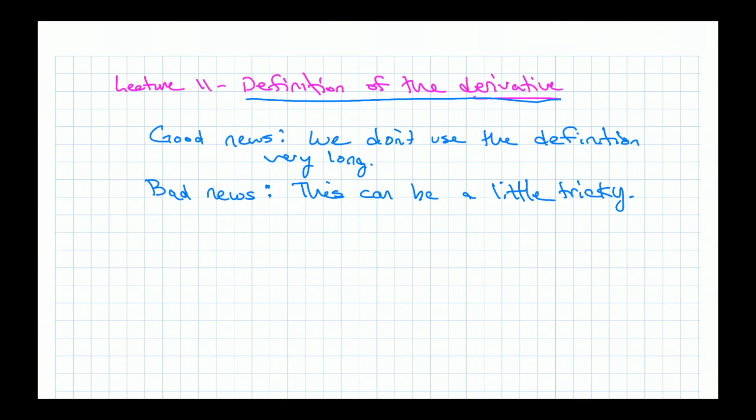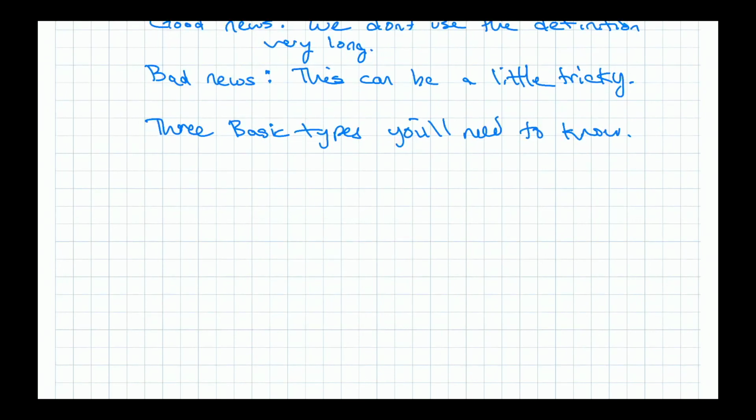Okay, so there are 3 basic types you'll need to know. And you've seen them before, actually. So you're going to see polynomial type.